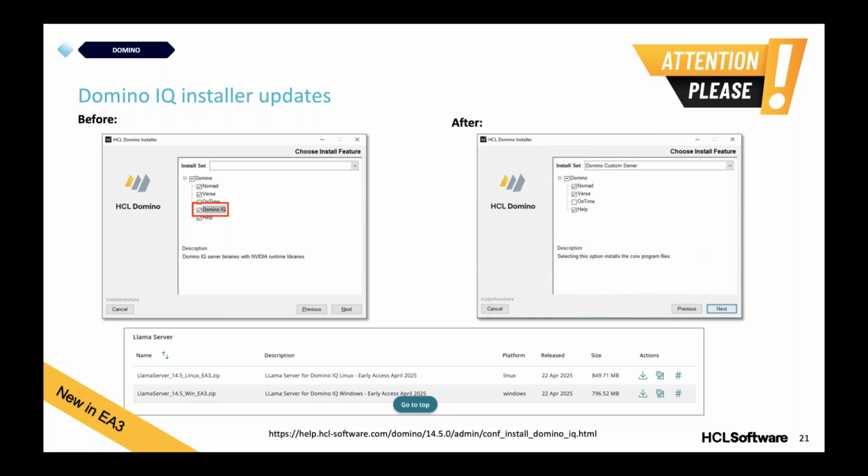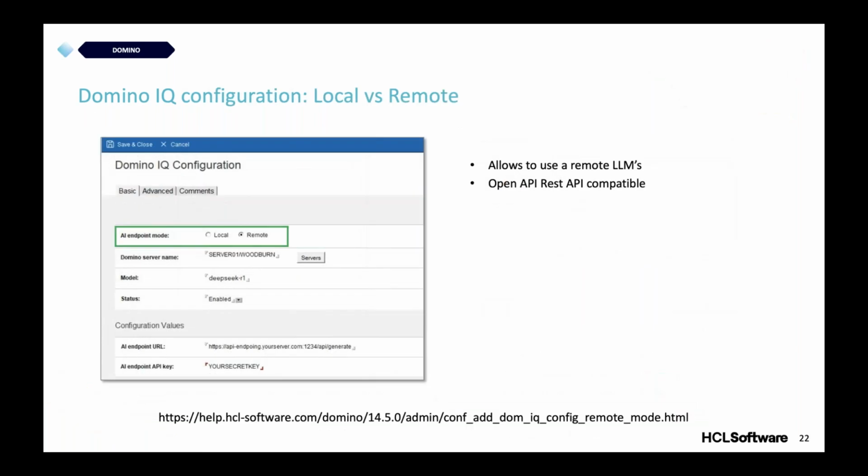All right, we will see a demo about Domino IQ later on in the client section. But one feature I'd like to mention before we move on is based on your request as well. We had you asking for supporting existing AI engines.